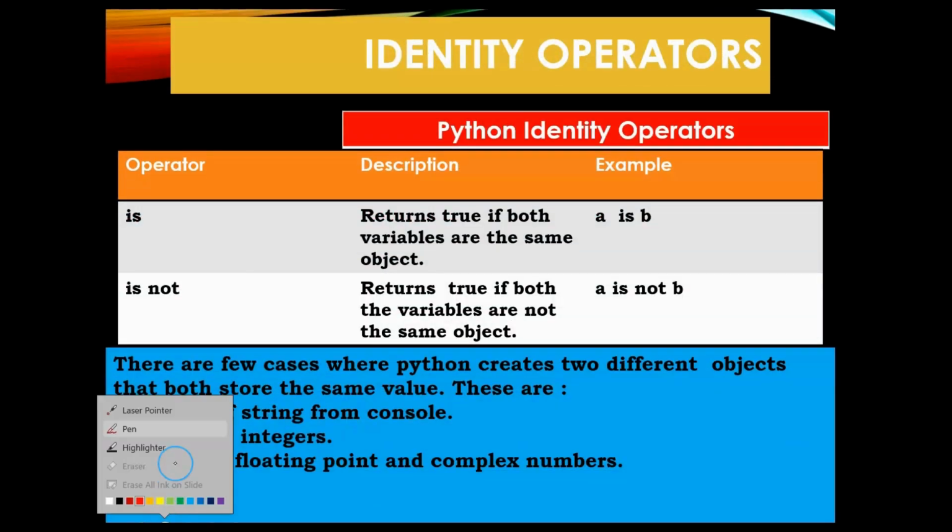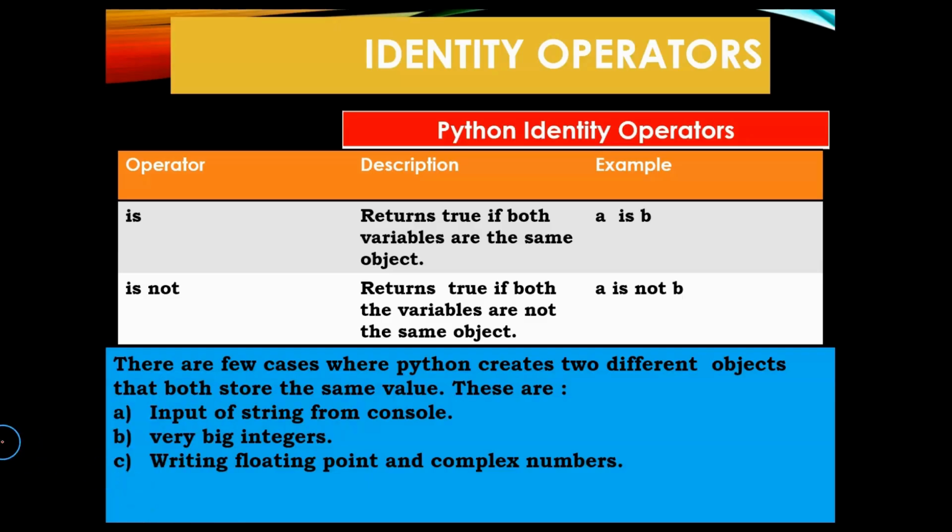The next type of operators we are going to study is Python identity operators. The Python identity operators are basically used to compare two memory locations. Comparing the memory location of any two objects, so you can write a note for that: it is used to compare memory locations of two objects.